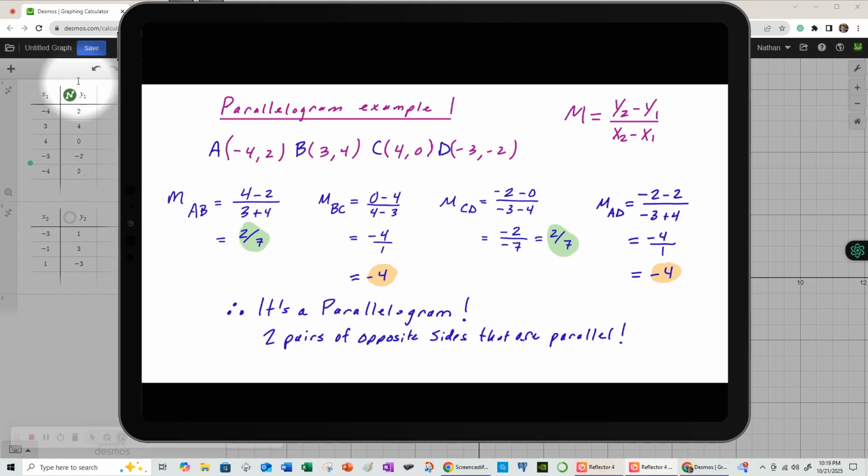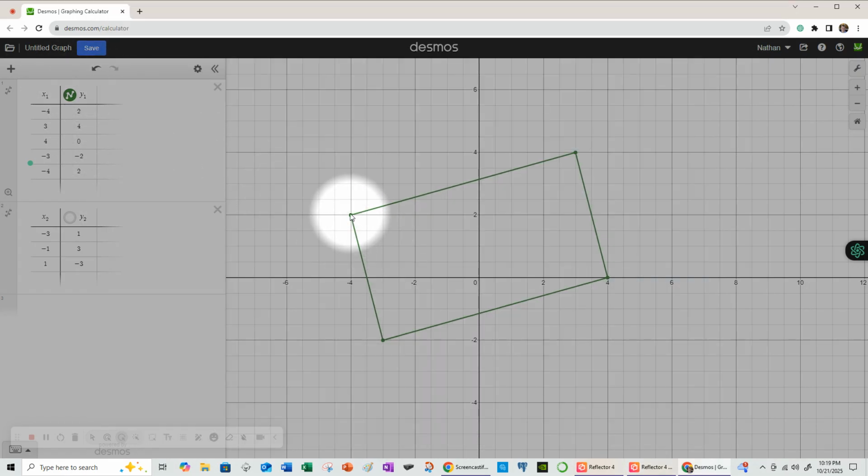So seeing that visually as I see it here, that allows me to see what the opposite sides actually are. So for example, I would have needed to pair up -4, 2, and 3, 4. And I did that. Those are the first 2 points. But I can also verify that I do need to pair those up. I do need to find the slope of that line. And moreover, you can also find the slope by doing rise over run.